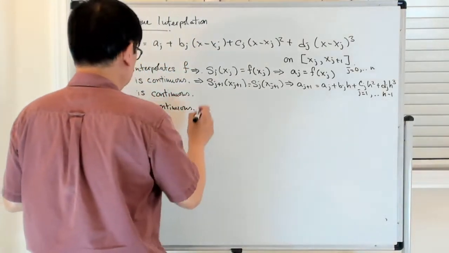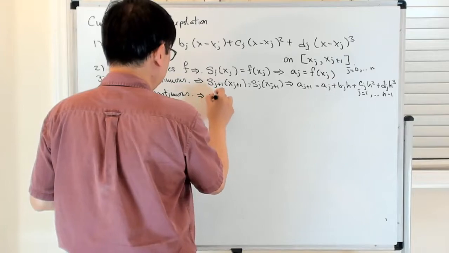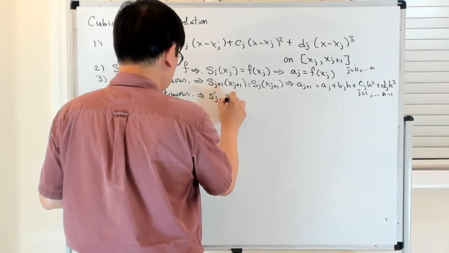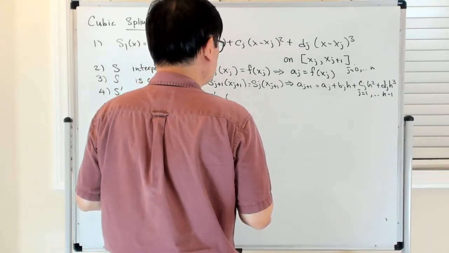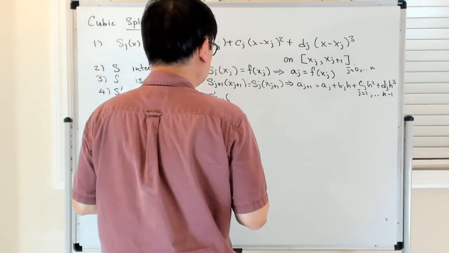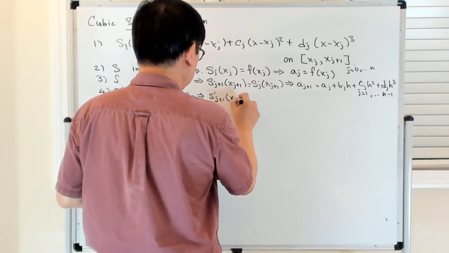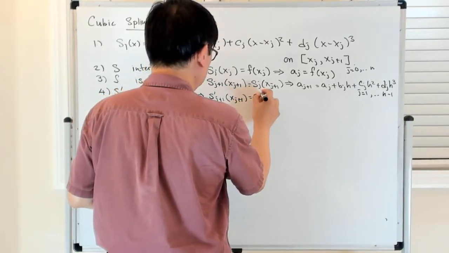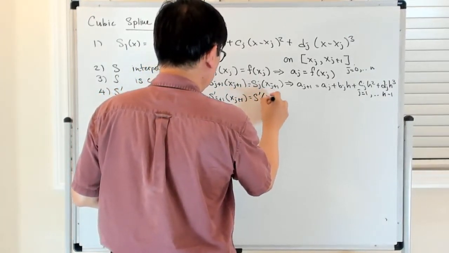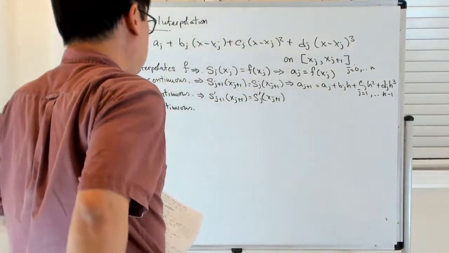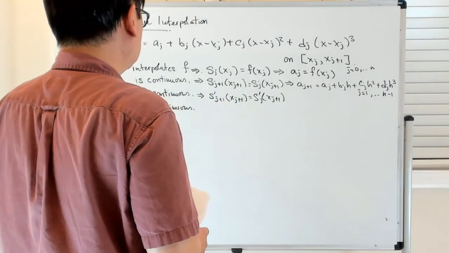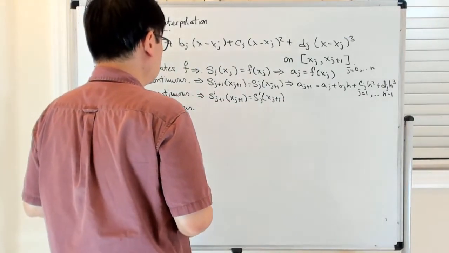Okay, so S prime is continuous implies that S prime_{j+1}(x_{j+1}) is equal to S prime_j at x_{j+1}.